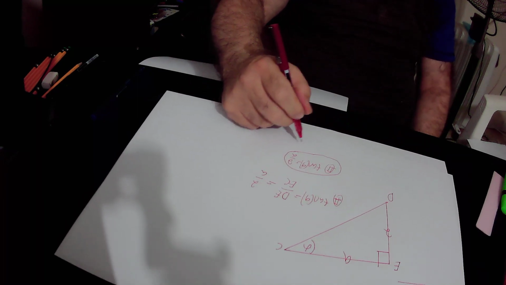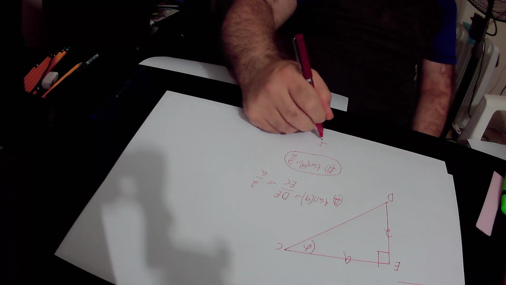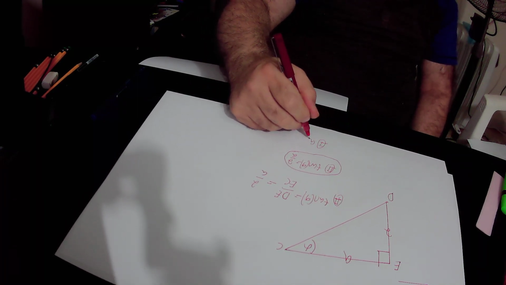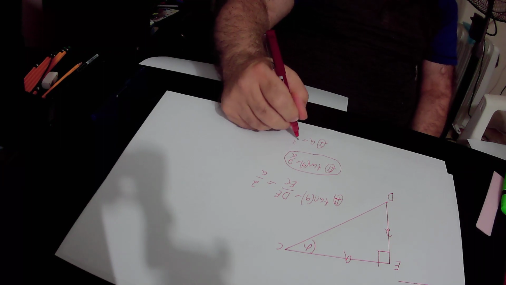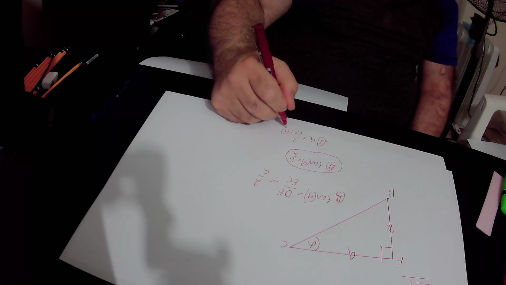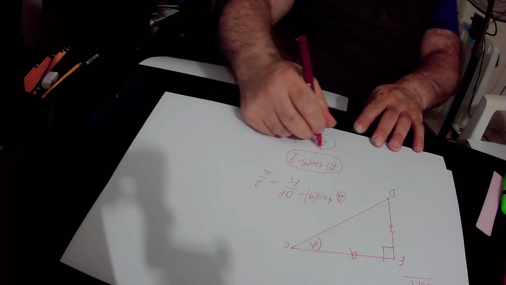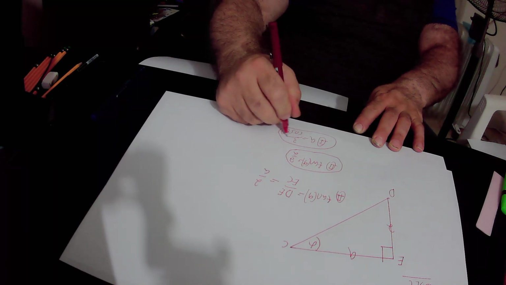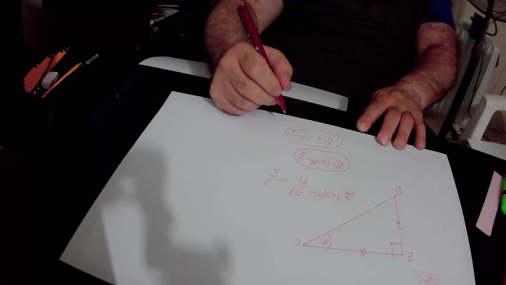But according to equation number 1, we have already found out that a is equal to 3 over cosine alpha. So here we can substitute a in equation number 2 by 3 over cosine alpha from equation number 1.